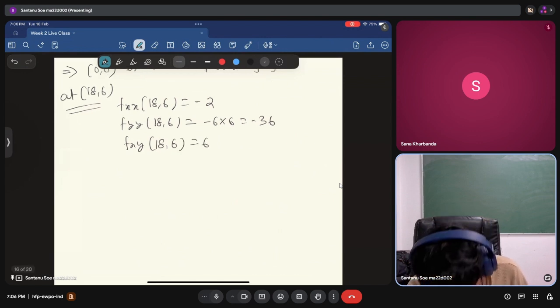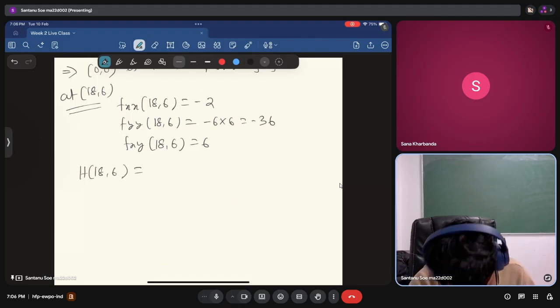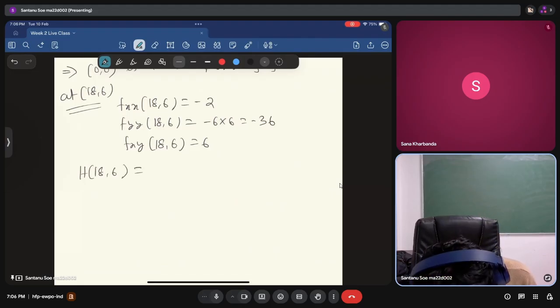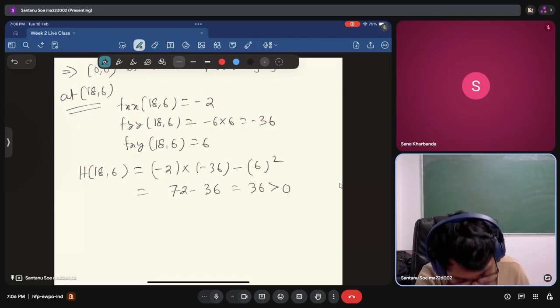Okay. So the Hessian evaluated at (18, 6) is minus 2 times minus 36 minus 6 squared. So this is 72 minus 36, which is 36, greater than 0.